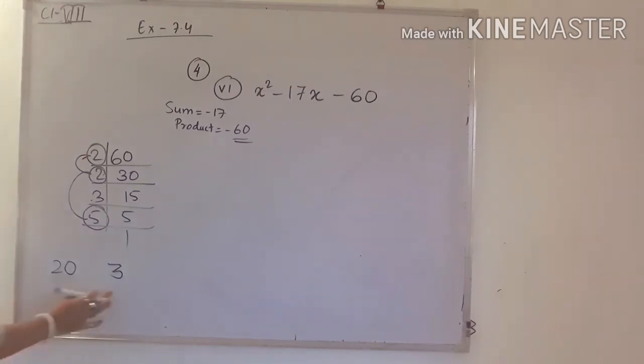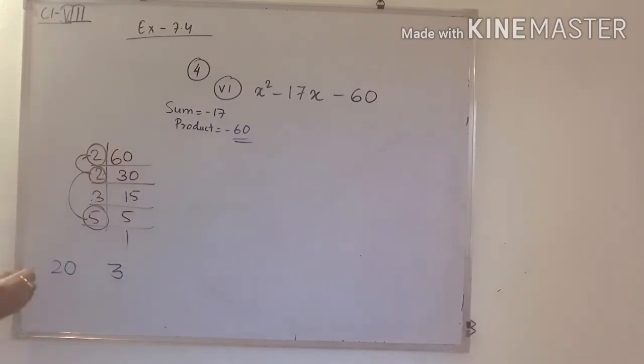We know that if we multiply all these factors, we will get 60 every time, so no need to check these things. What we have to check is that after adding these two numbers, we should get minus 17. This is the main thing we have to check.